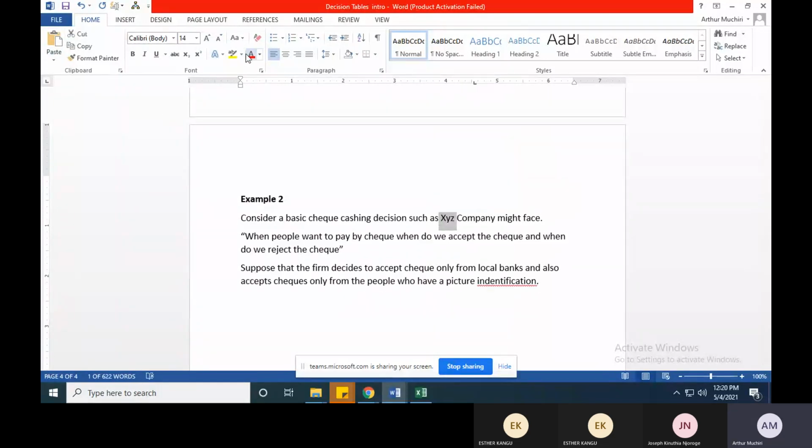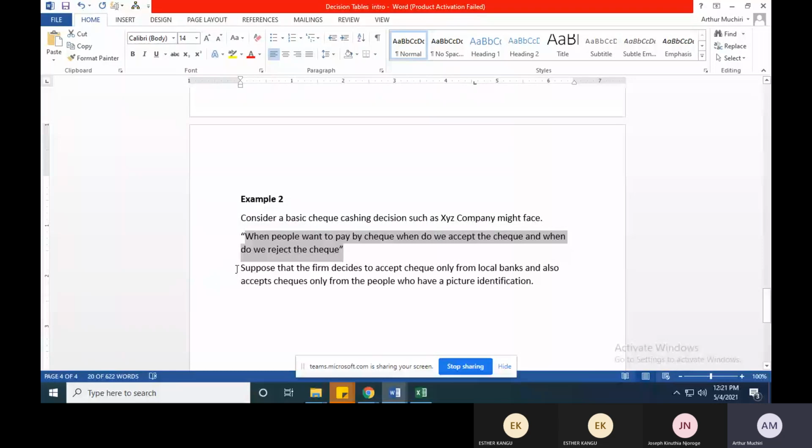What are we checking? These are the actions, really. You only have two actions. They want you to determine from this information they have given you the actions. The actions are, when do we accept check and when do we reject check.